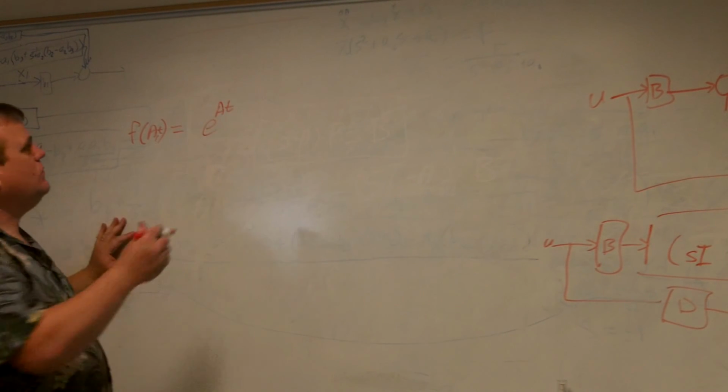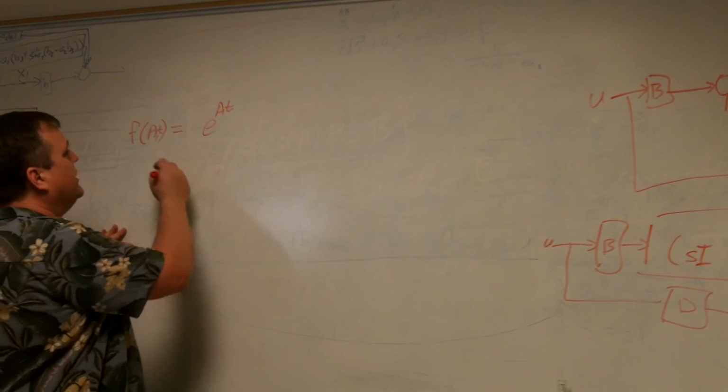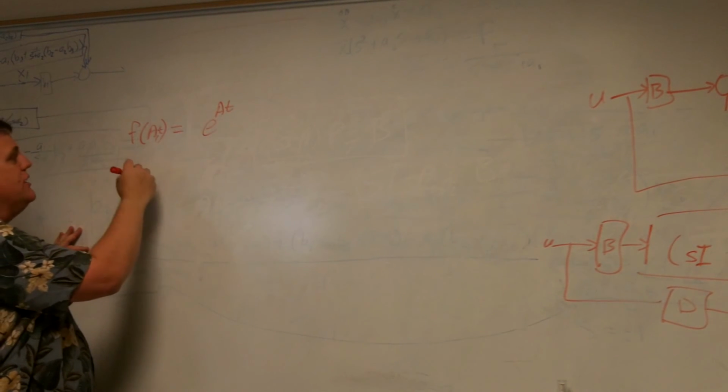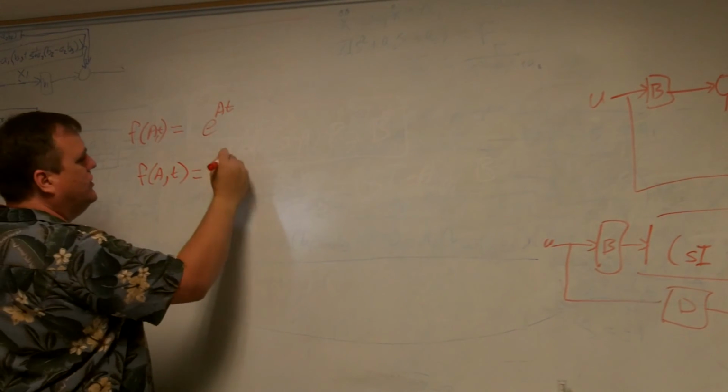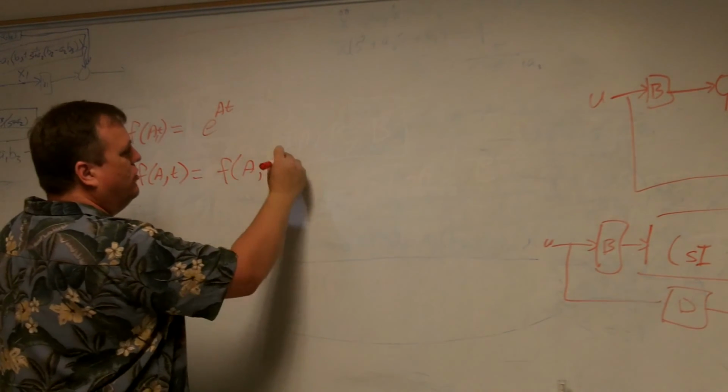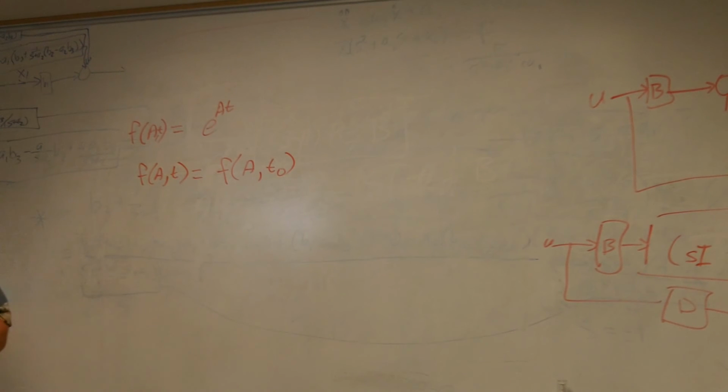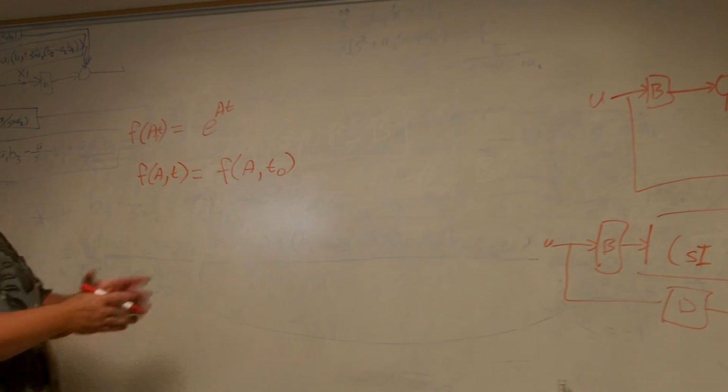Okay, so let's say that's what it is. Well, when I take a look at this, it's just f of A at t0. You take whatever your initial point is, the point you're expanding around, and then you keep taking derivatives.